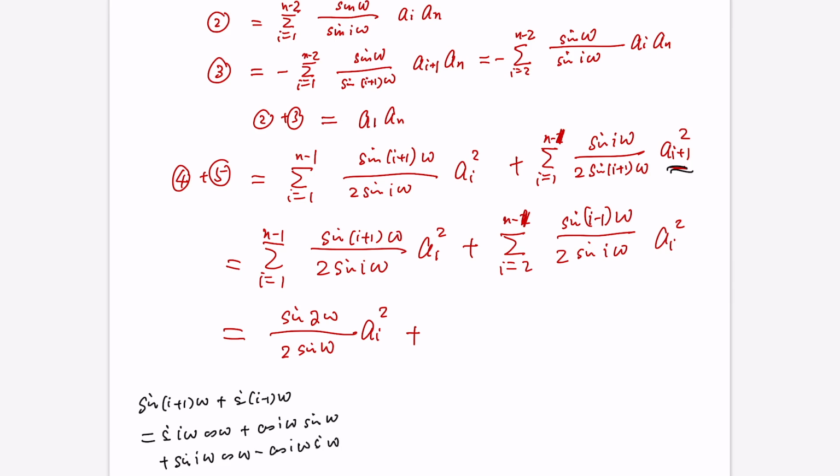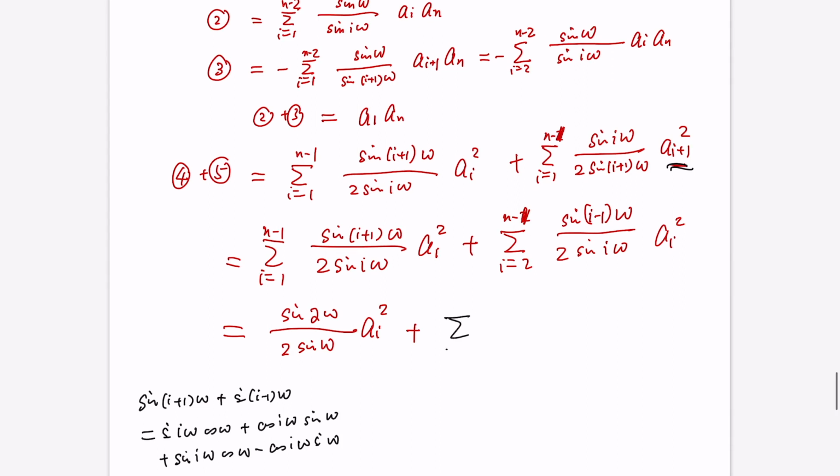So the second terms will cancel, and the first term will make it 2. And so then downstairs there's sine omega that cancels out. So it's basically I from 2 to n minus 1. And so this would be equal to sine.